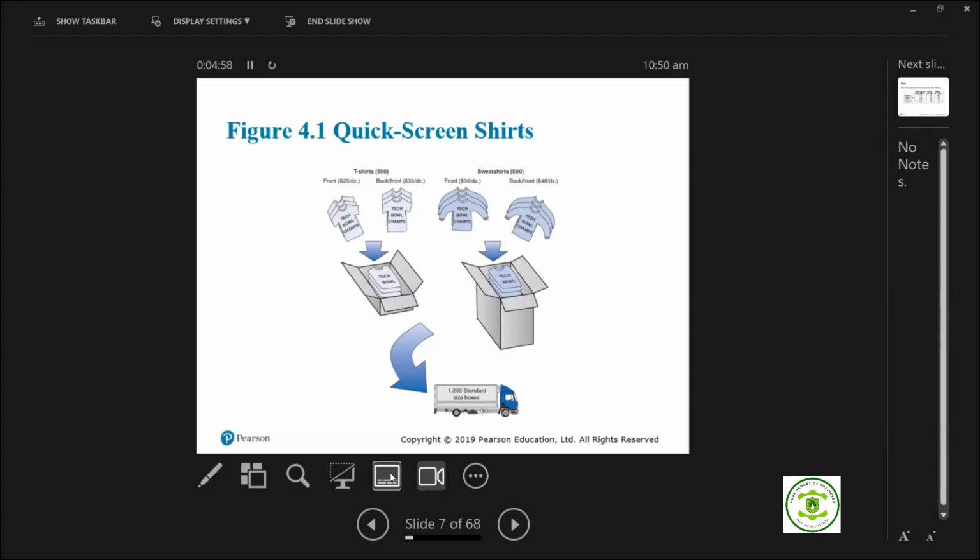And we are told that the t-shirt will be in a standard box. But if we put the sweatshirts in boxes, the boxes are 3 times what we have for the t-shirts. So you have to take note of that. So you see that this box will be bigger than what?